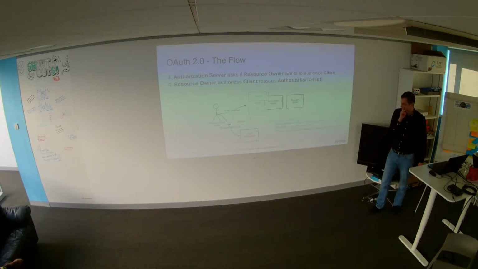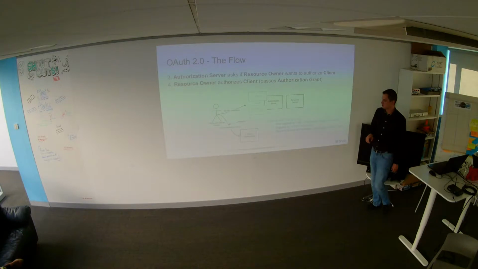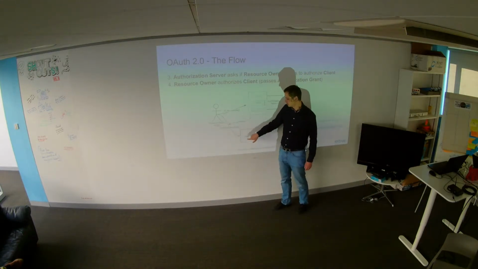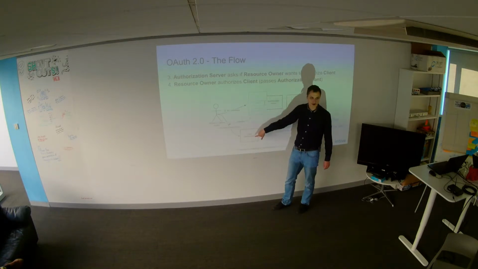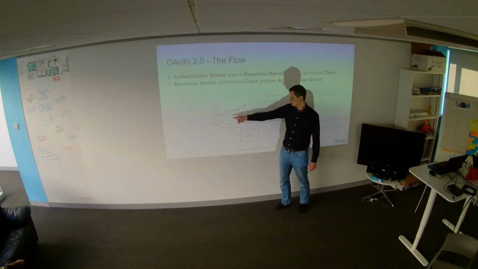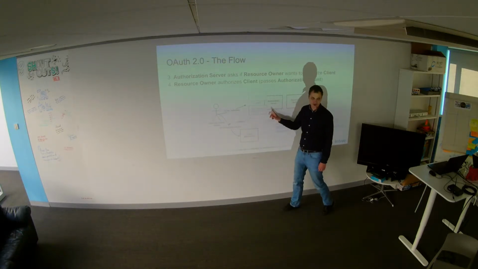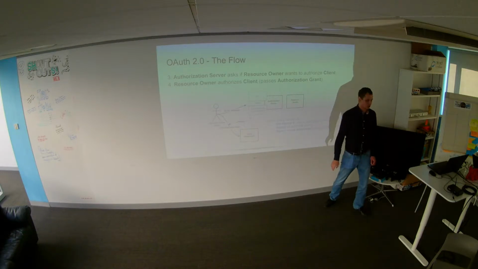One thing to note here, the authorization code is known to the server, the resource owner, and the client, so all the three parties. And this is, let's say, the major weakness of the authorization code, because we don't want all the three parties to know one thing. That's why it's very short term.